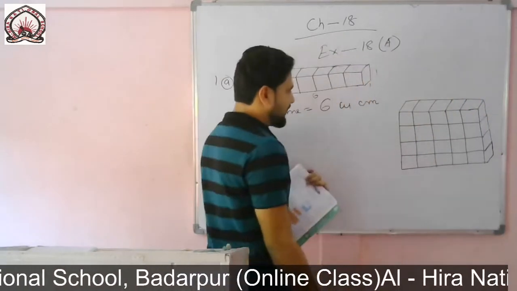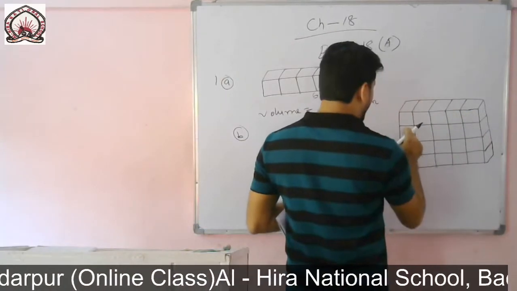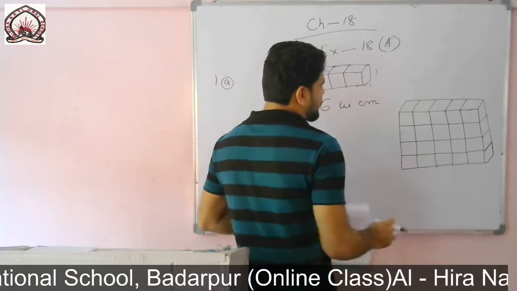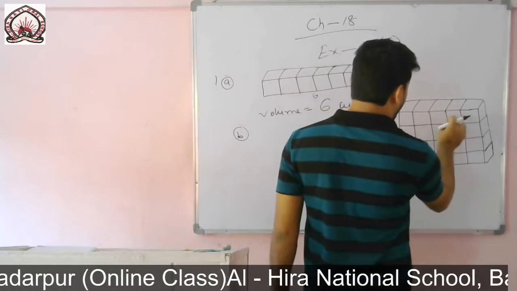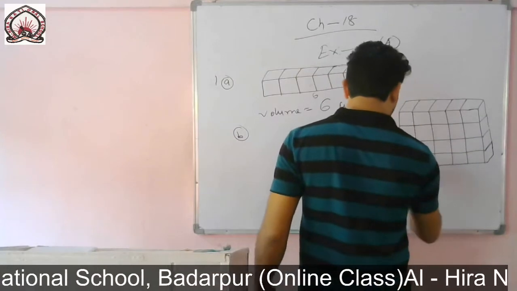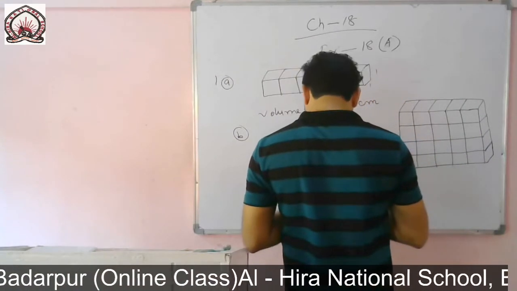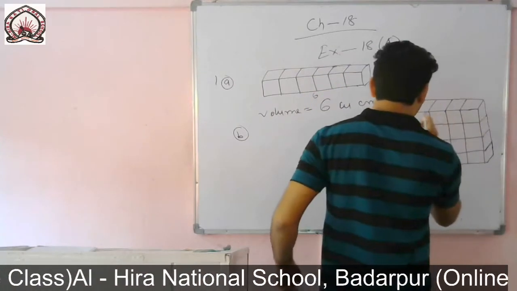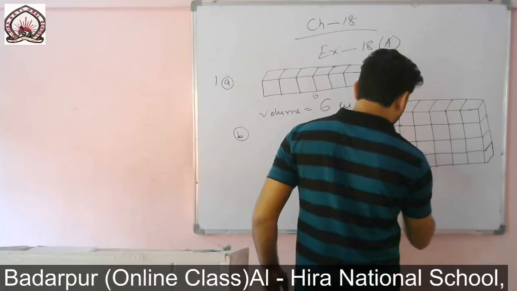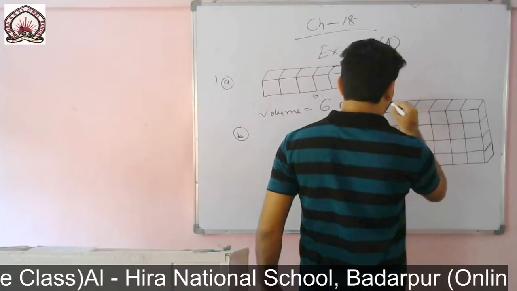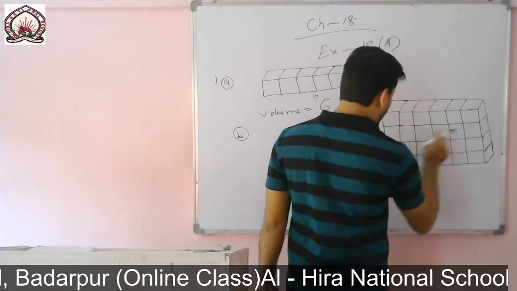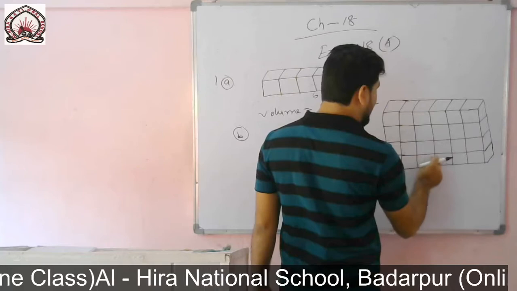So here you see 1 2 3 4 5, 1 2 3 4. Then 1 2 3 4 5 6 7 8 9 10 11 12 13 14 15 16 17 18 19 20 21 22 23 24.